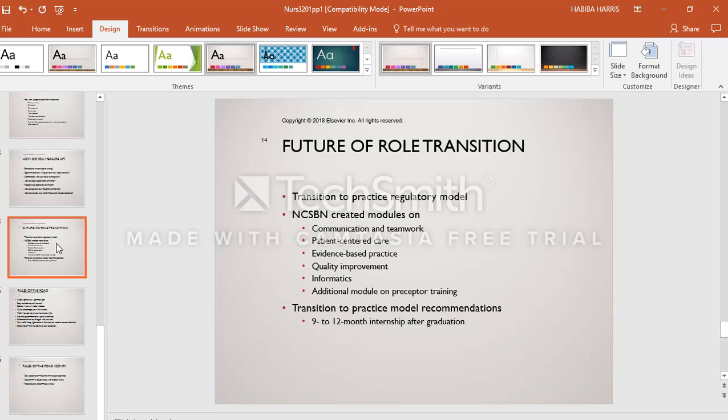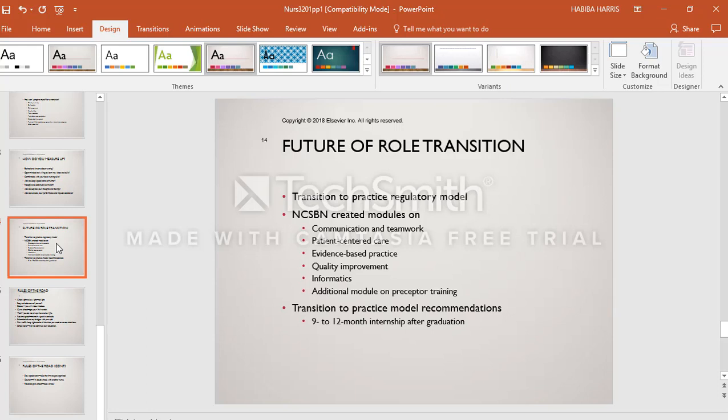So the NCSBN created modules for teamwork, patient-centered care, evidence-based practice, quality improvement, and informatics, to basically help with a longer transition from one area to another, and is trying to put placement on that for every single grad or new position change, to allow a more detailed and longer process for education, instead of just dropping you into that role.